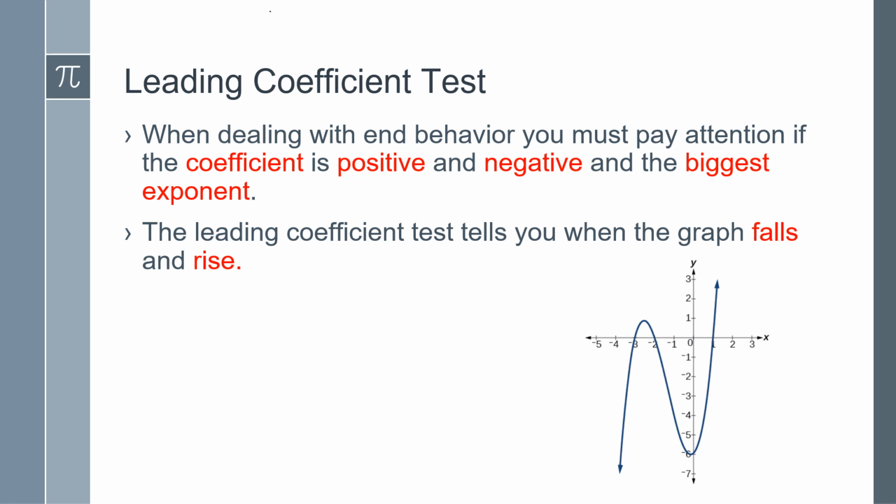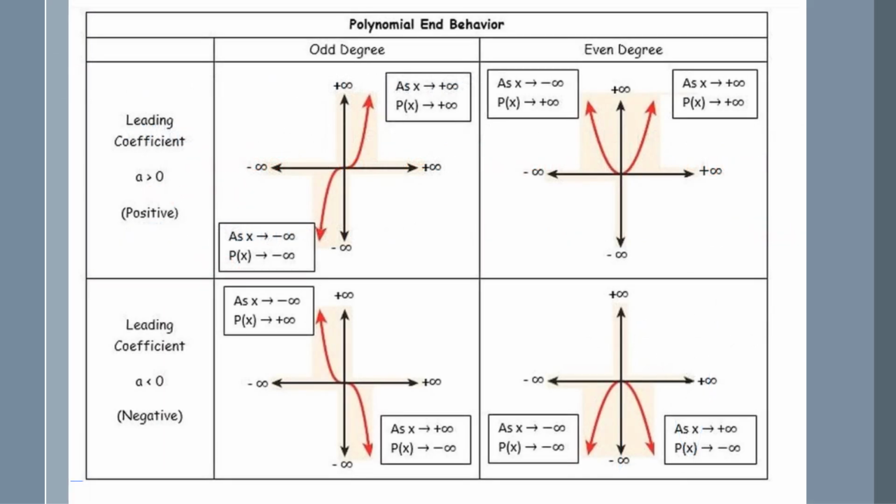Now let's get into some details. When you are dealing with a leading coefficient that's a positive number, that just means that if it's an odd degree function, it's going to increase from the negative side, and it's going to keep increasing.